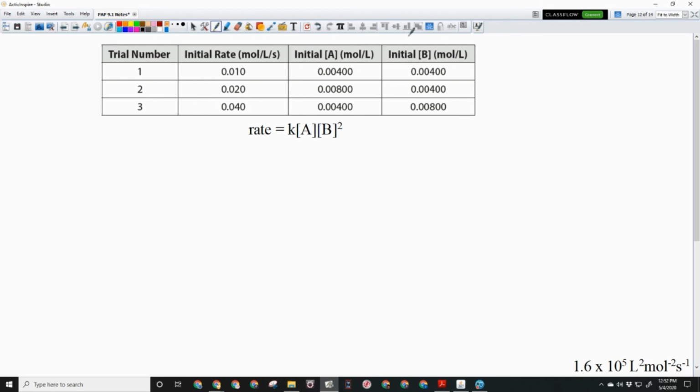Up here in this corner, I'm going to rewrite: we have our rate over concentration of A over the concentration of B squared. Now we're just going to do the units and nothing else. So for our rate, we have moles per liter per second.